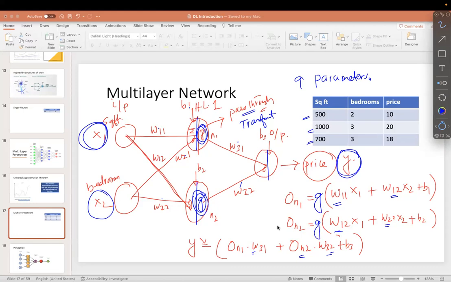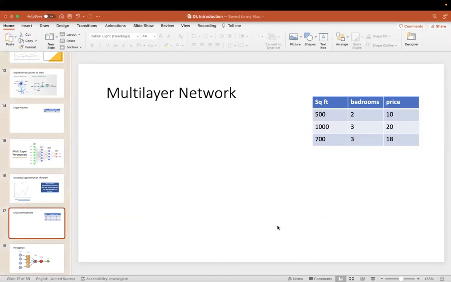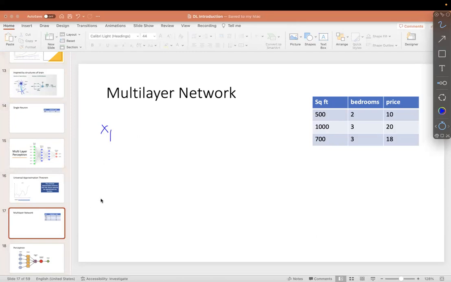Now, the question is, how do you even estimate these parameters? Let me quickly show that. That's the most important part. Let's say I have signals X1 and X2, and then I have neurons in hidden layers.